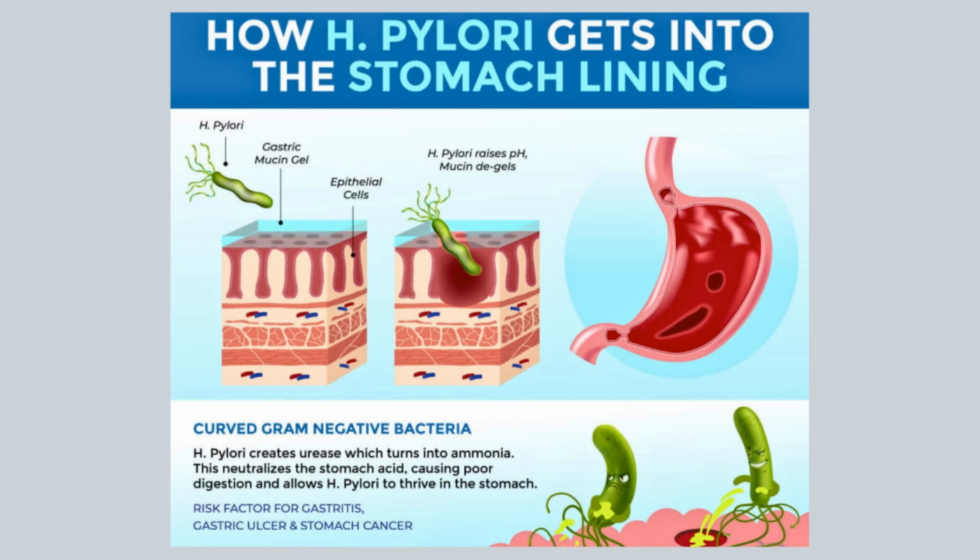Another cause of gastritis is an infection with H. pylori bacteria, or Helicobacter pylori bacteria. What H. pylori does is that it destroys the mucus lining of our stomach, and it also destroys the acid-making cells that help us break down our food.